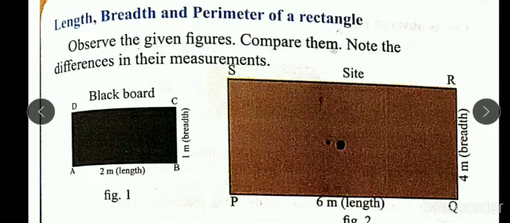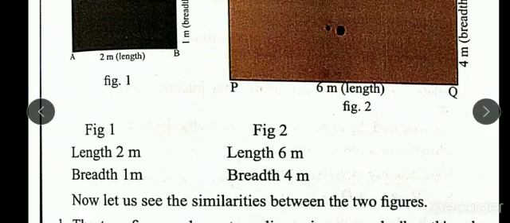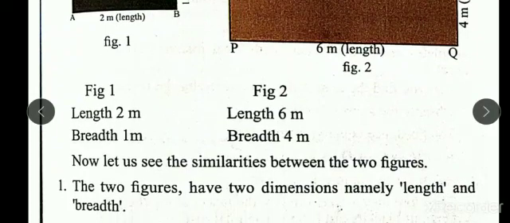In the square, all the sides are equal, but in the rectangle, the length and breadth are different. Both lengths are same, both breadths are same, but length and breadth are different. You are seeing in the first figure, length is 2 meter and breadth is 1 meter. In the second figure, length is 6 meter and breadth is 4 meter.